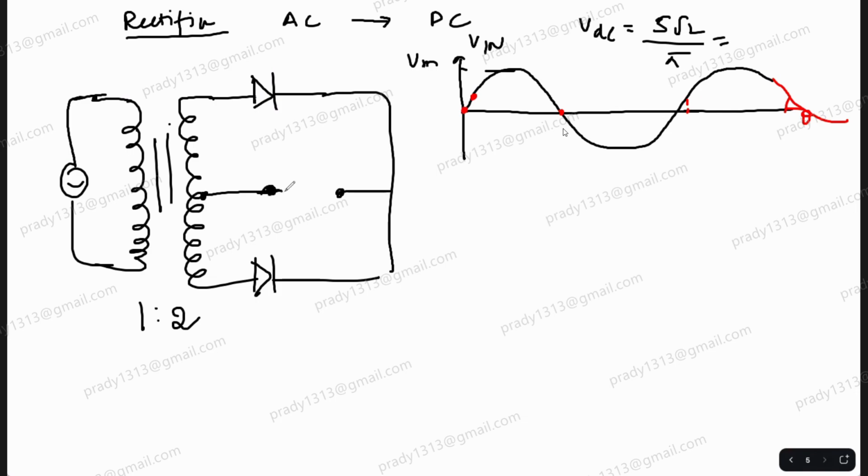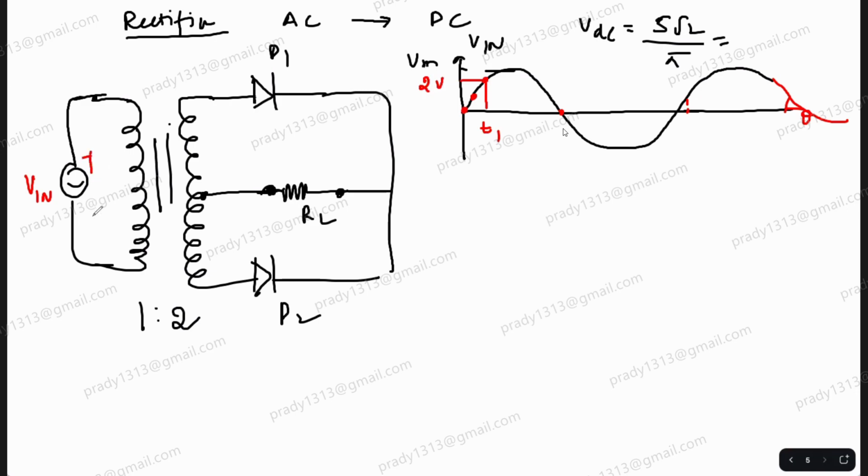For simplicity, I am connecting a load here just to show you how the current is flowing. D1, D2. You are giving some input voltage. Let's say at time t1 the input voltage is 2 volt.